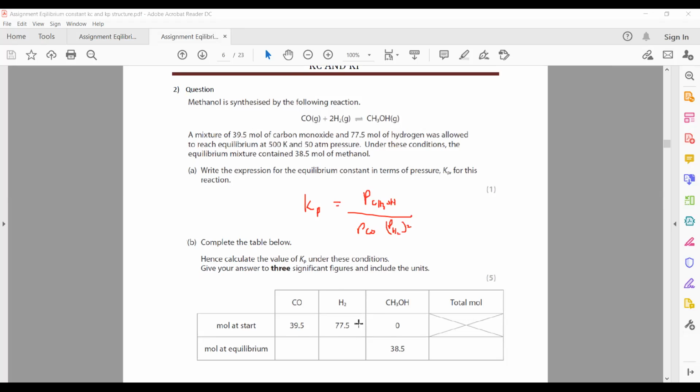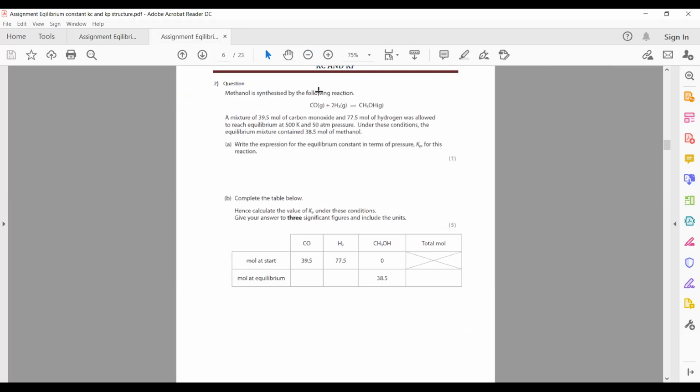So complete this table, because of the ratio between them. As you can see, originally it is 39.5, 77.5, 0. At equilibrium, 38.5 moles of methanol. So how many moles of hydrogen? To know the moles of reactant at equilibrium, it's the original moles minus the reacted moles.